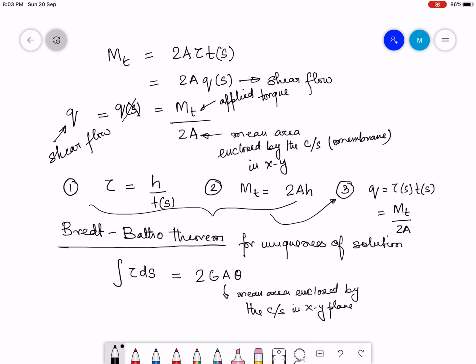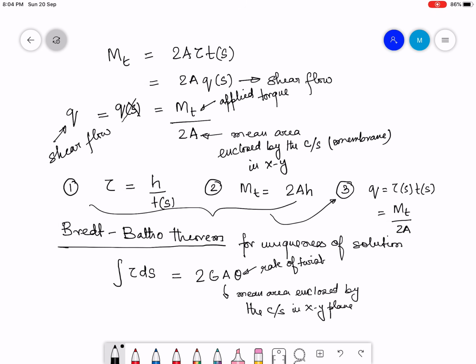So it is going to be 2GA theta, where theta is the rate of twist, and this is called the Bredt-Batho theorem.